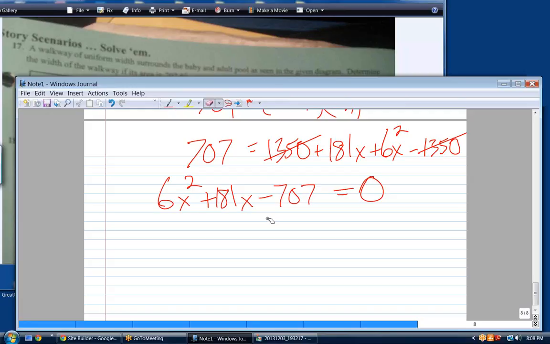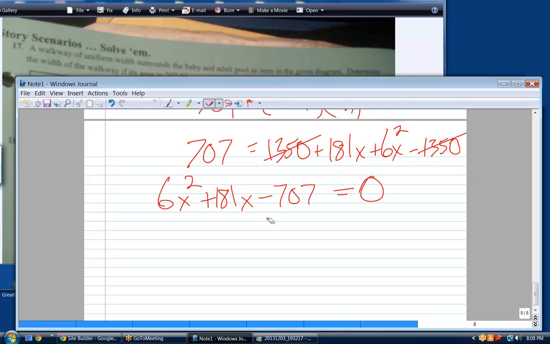I'll give you what mine is. Seven halves, 3.5. 3.5 comma 0 is what I got, yeah. So 3.5 is your answer.